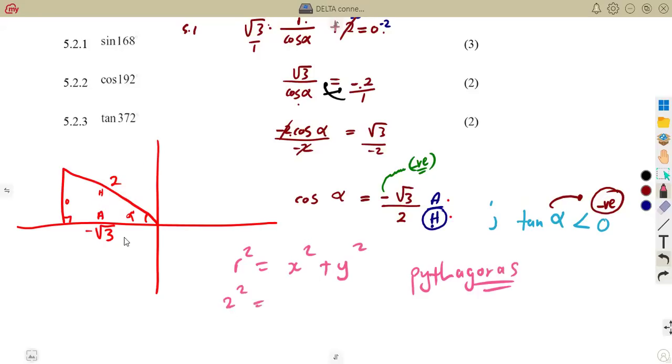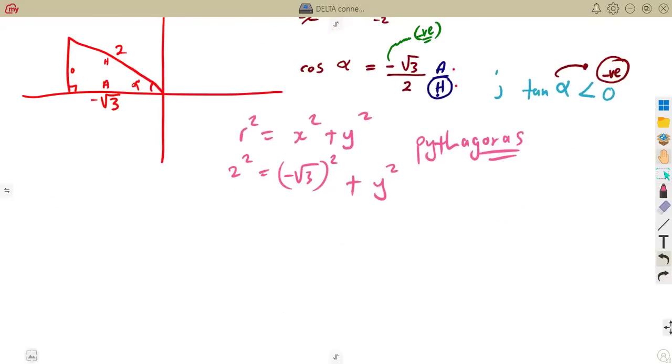So 2 squared is equal to x, the minus square root of 3 squared, plus the part of y that we need, which is our opposite. So we're going to solve 2 squared, that is 4, is equal to, remember guys, minus when raised to the exponent of 2, that's a positive. Square root of 3 squared, that's a 3. You can even use your calculator, guys, or use your surds.